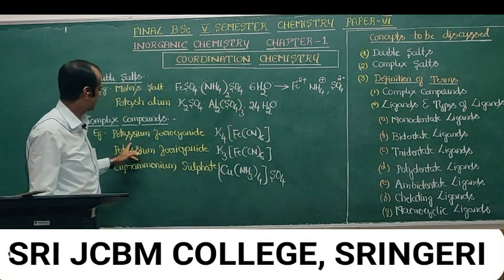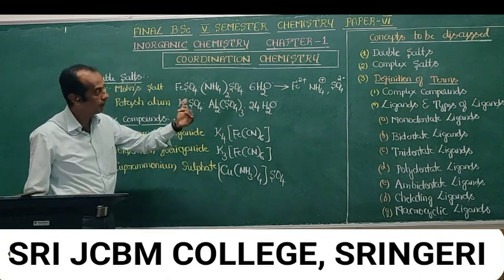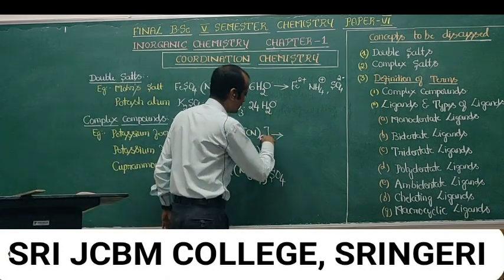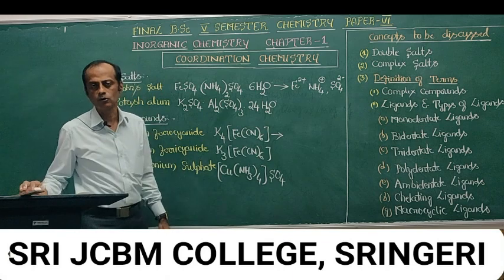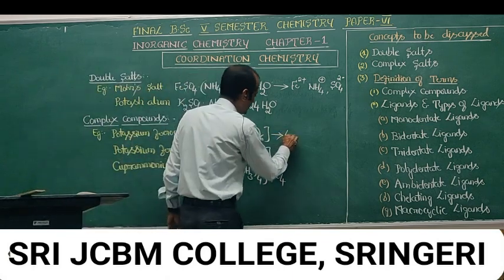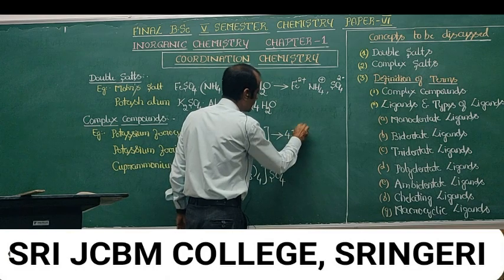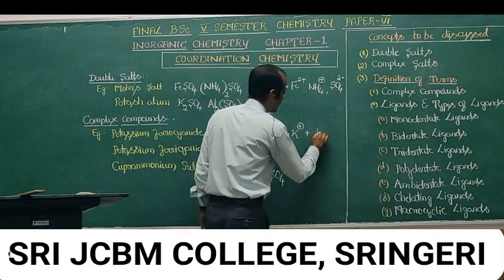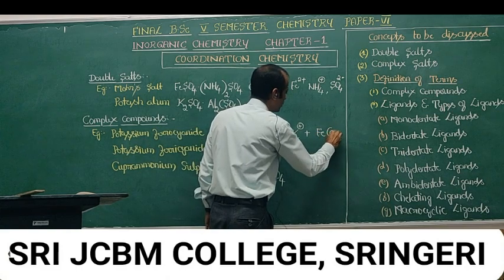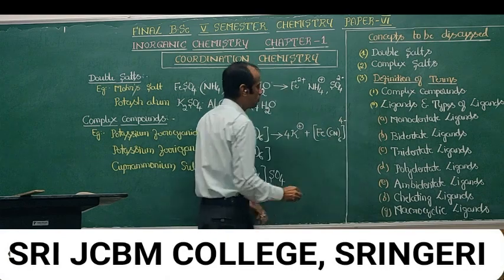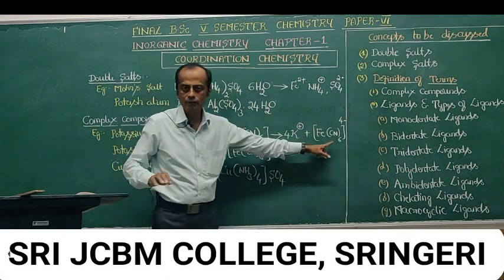Whereas in case of a complex compound or a complex salt, when their solutions are prepared, in the solution also they retain their identity. For example, if a solution of potassium ferrocyanide is prepared, it ionizes to give potassium ion and ferrocyanide ion.